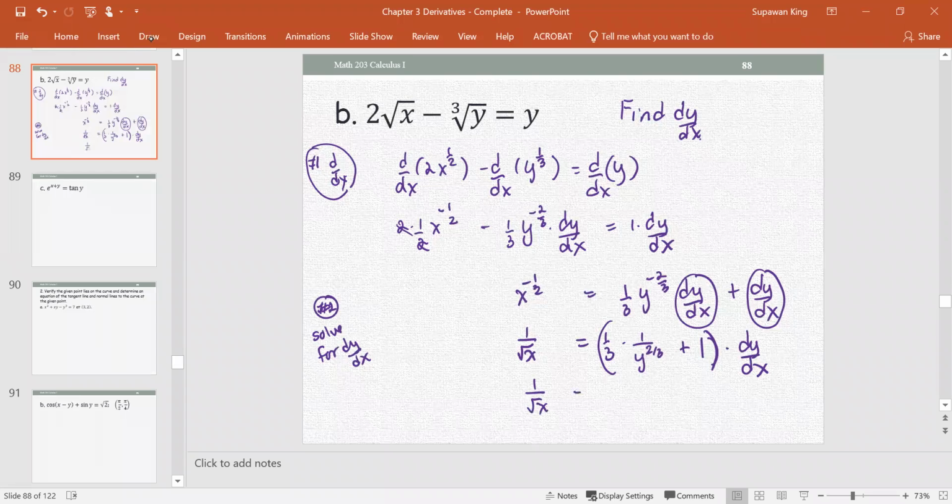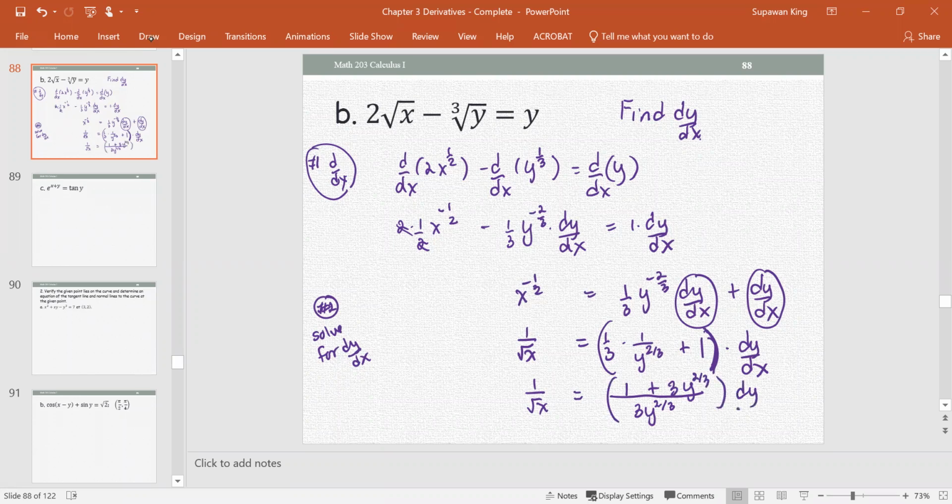And we write the quantity on the right-hand side that multiplies dy by dx as a single fraction. So now we have 3 y to the 2/3 as a common denominator. The first term numerator is 1. For the second term, the numerator becomes 3 times y to the power 2/3.